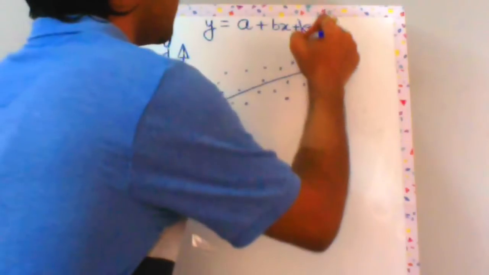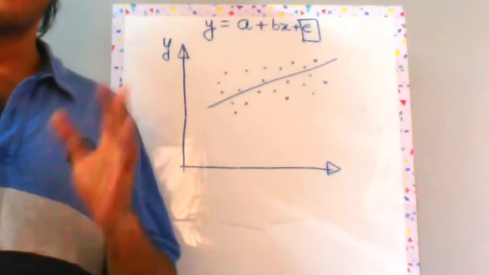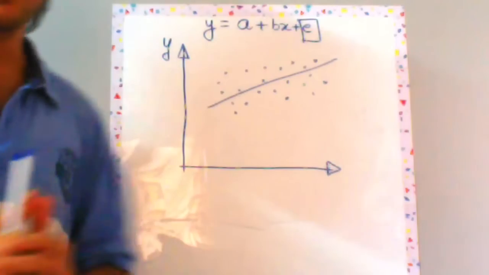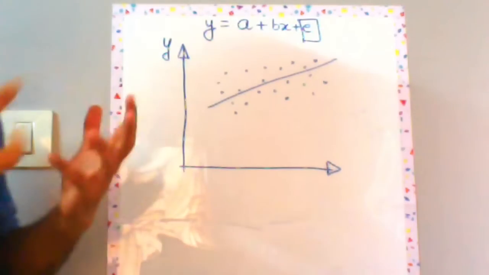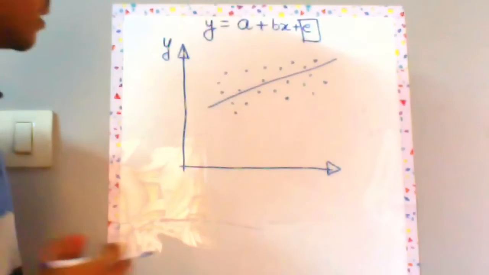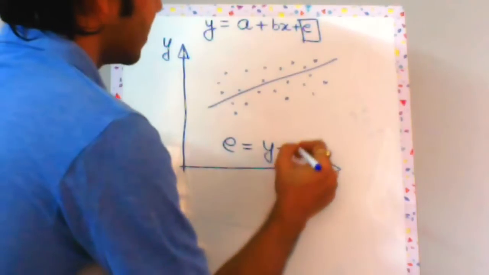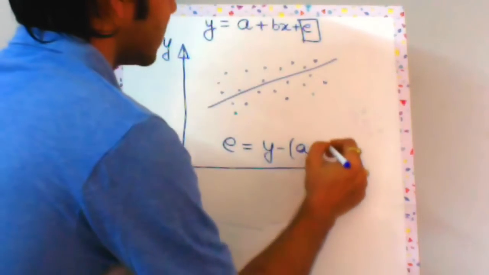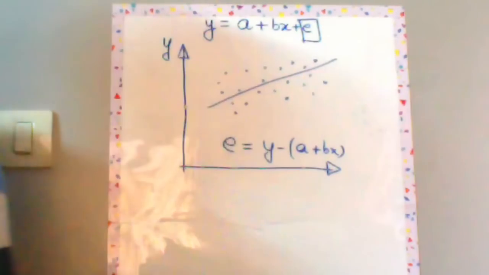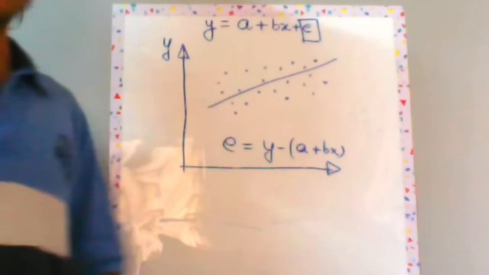This E. So to minimize E is the same as finding the line of best fit for this scatter plot. How do we minimize this? If you just rearrange the terms over here, you will get E is equal to y minus (a plus bx). Just take this thing over here. So what will be y minus (a plus bx)?